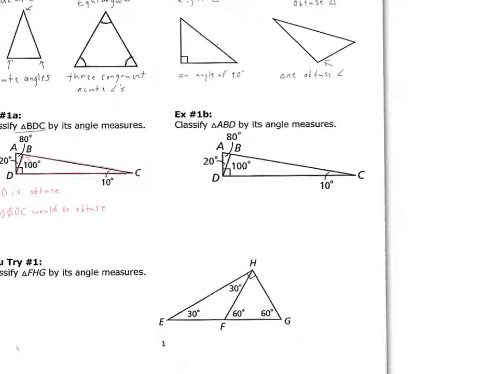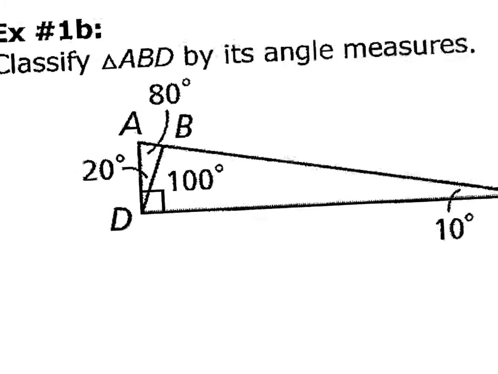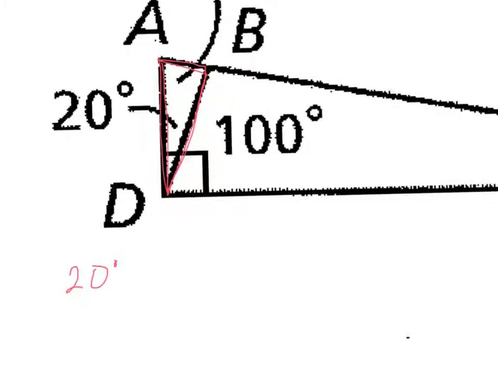Okay, let's try another one. About the same type of triangle. This time you're looking at triangle ABD, or this specific triangle right here. In that triangle, it looks like you have a 20-degree angle and an 80-degree angle, and since triangles have to add up to 180 degrees, those add up to 100, so you have 80 degrees left.